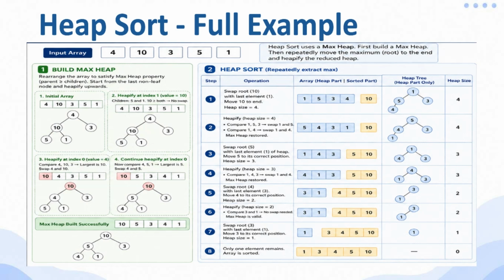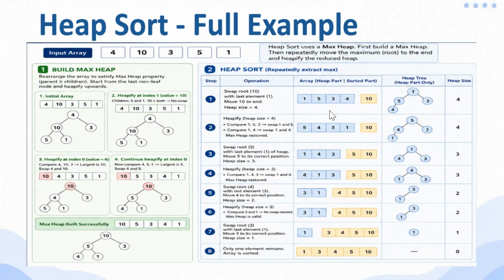Here 10 is highlighted because it is already in its final sorted position. So we reduce the heap size from 5 to 4.